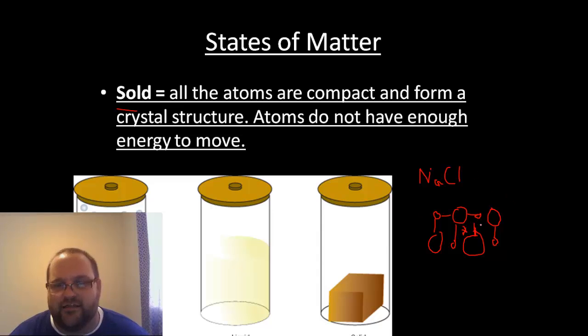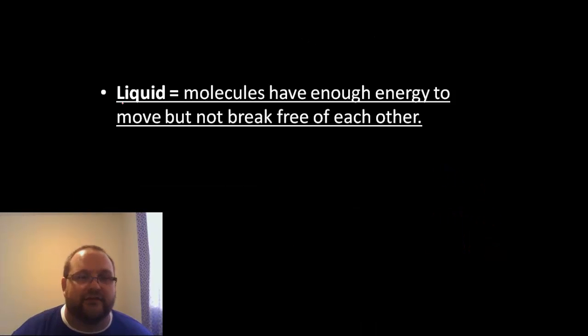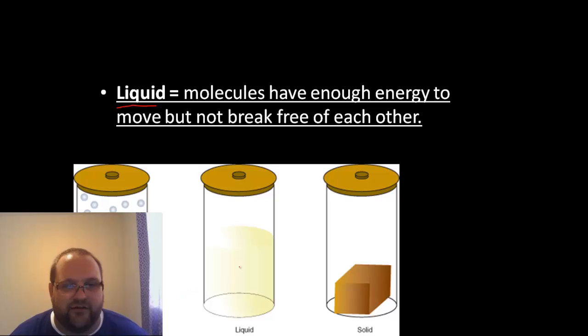Now within a solid, these atoms do not have enough energy to break these bonds. They don't have enough energy for this atom to go flying off and go by itself. They're kind of stuck together, and in that case they form a solid. If we give this more energy, so if we add more energy to the system, we get a liquid. And in this case, molecules have enough energy to move, but they can't break free of each other.